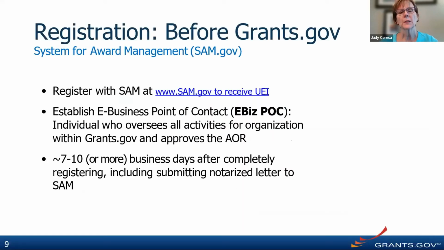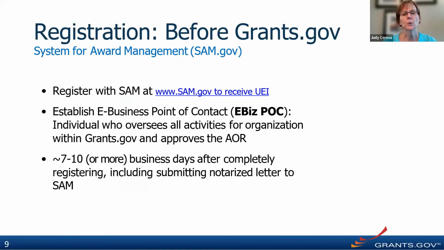So what I was saying earlier, with respect to this presentation, the registration process is geared towards organizations for the most part. So if you haven't already done so, you're going to want to register for a SAM account. This is the System for Award Management.